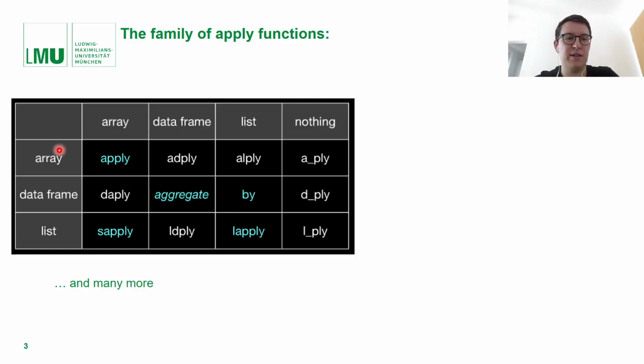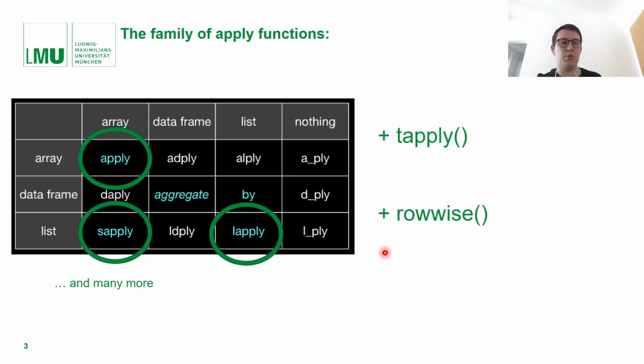You don't need to understand this table fully right now, just to show you that there are a bunch of functions and even many more. But today we want to focus basically on 5 little helpers. These 3 circuit functions: apply, sapply, lapply, and then I added tapply and rowwise. So these 5 functions we will get into a little bit more detail.